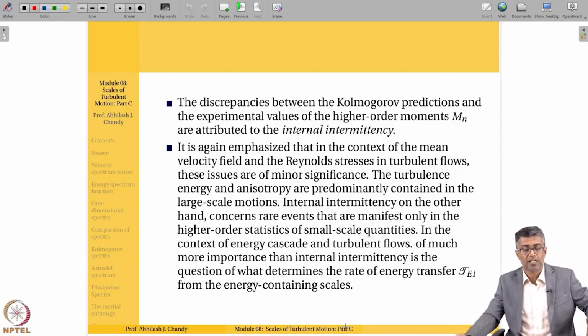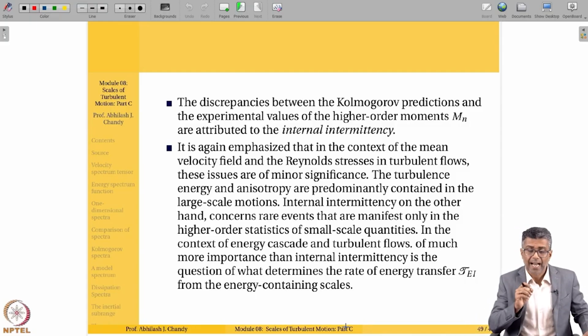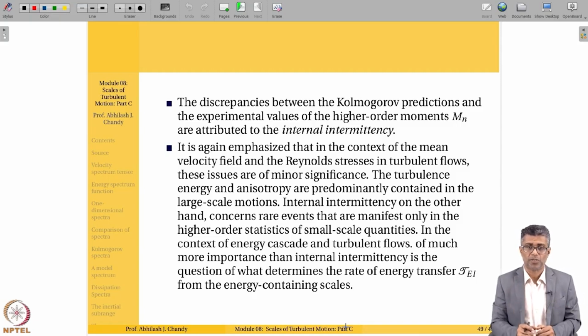Even if you are not covering it as much, because most of the energy is contained in the large scale motions, it is not affecting our predictions as much. So in the context of this energy cascade and turbulent flows, of more importance is the question of what determines the energy cascade from the energy containing scales rather than the internal intermittency. But that said, it is important to be aware of what the limitations are.